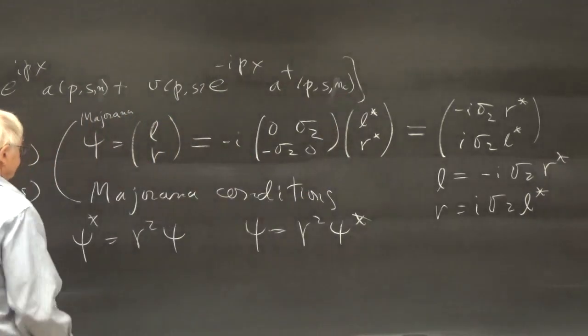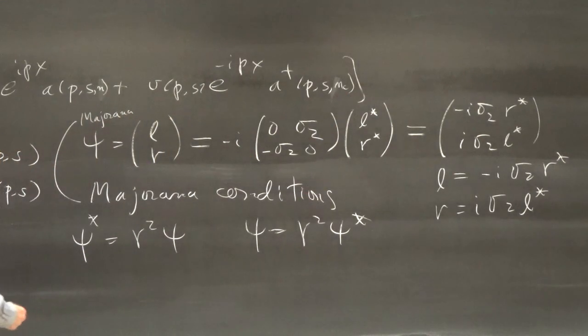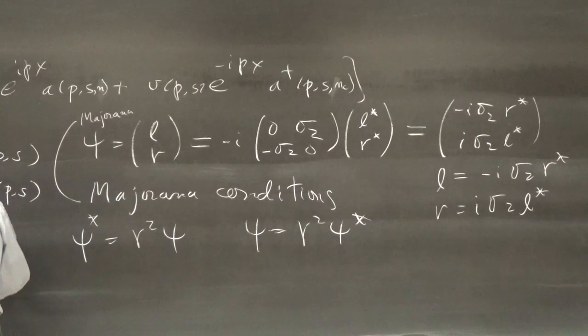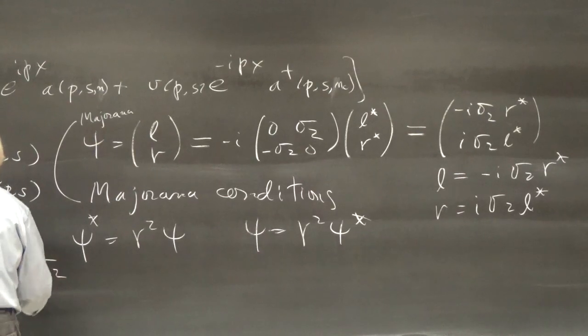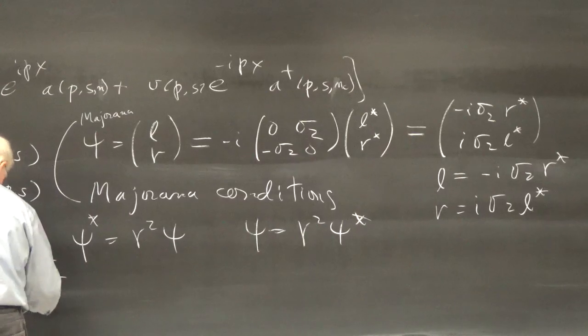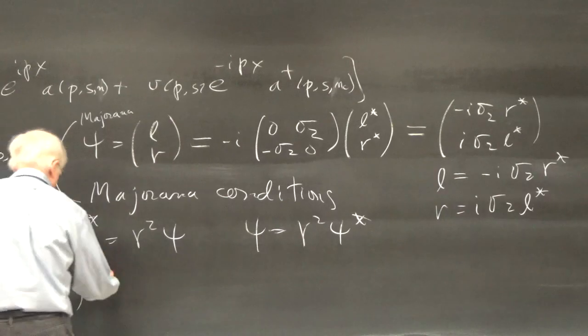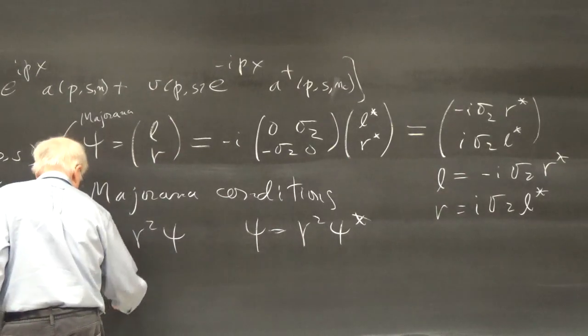So if you take, let us just construct this thing, minus i sigma 2, or gamma 2 here, minus R. If we write, that's just simply gamma 2. And now let's take psi star, so psi star will be L star R star.